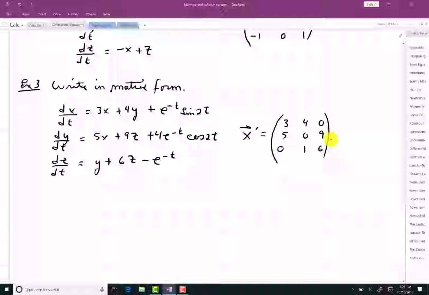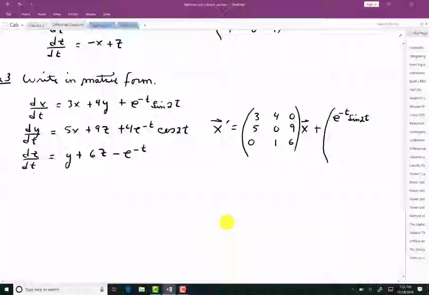And then for convenience, I'll use x arrow. But then you have additionally this vector here, which prevents it from being a homogeneous system of equations. So we'll see e to the negative t sine of 2t. I'm going to have to move over a little bit.